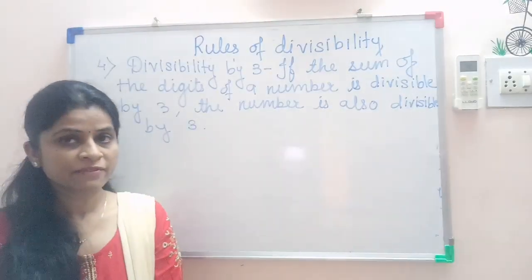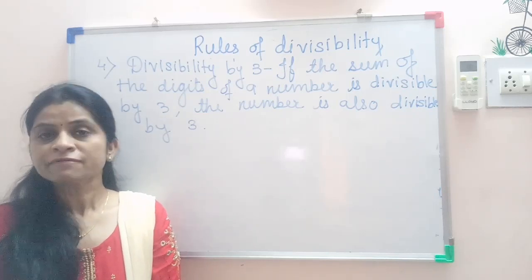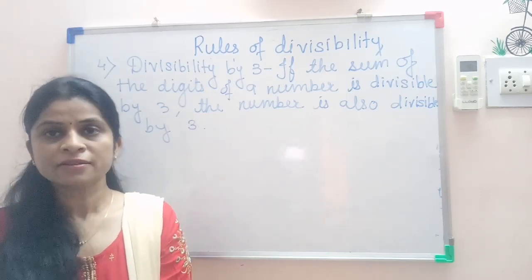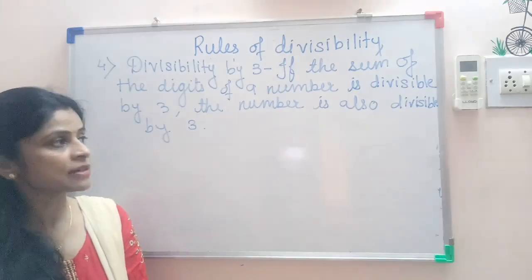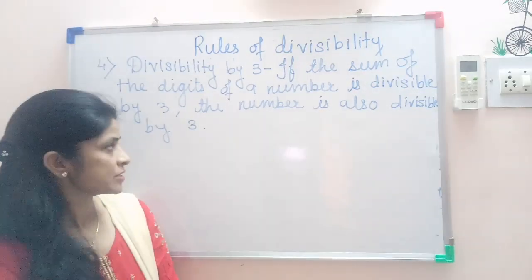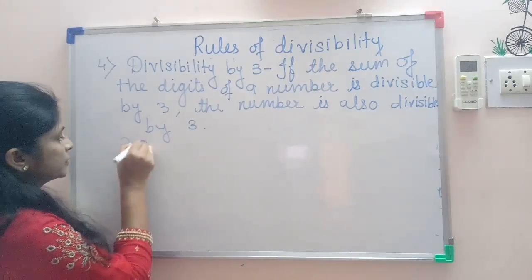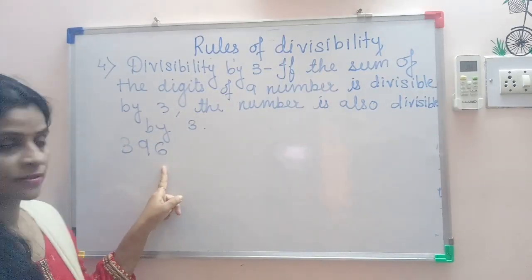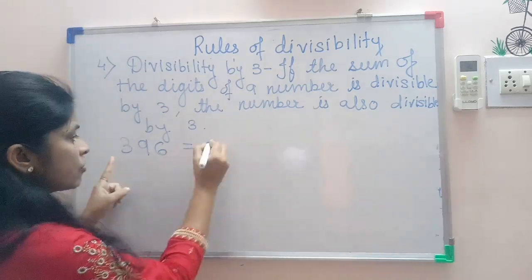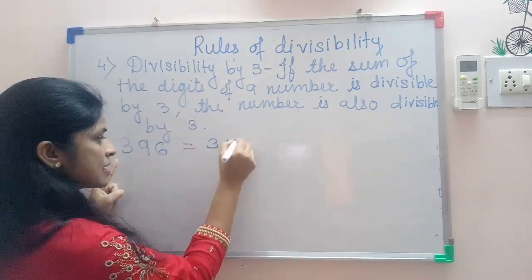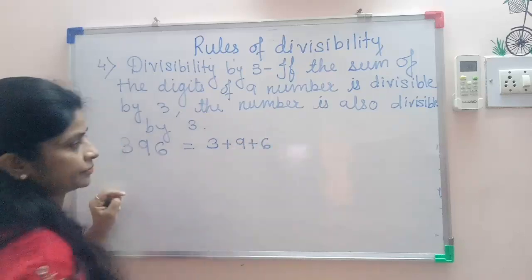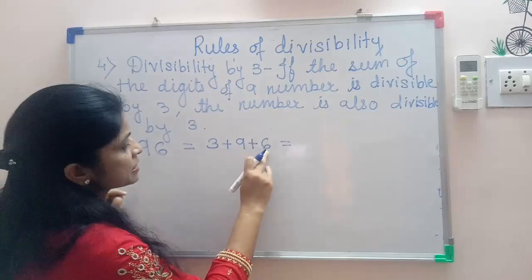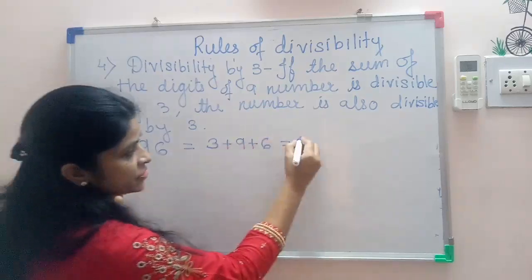Now next, divisibility by 3. If the sum of the digits of the given number is divisible by 3, that means the given number is also divisible by 3. For example, 396. First of all, we will add all the digits. 3 plus 9 plus 6. Now what will be the sum of these digits? 9 plus 6, 15, 16, 17, 18.